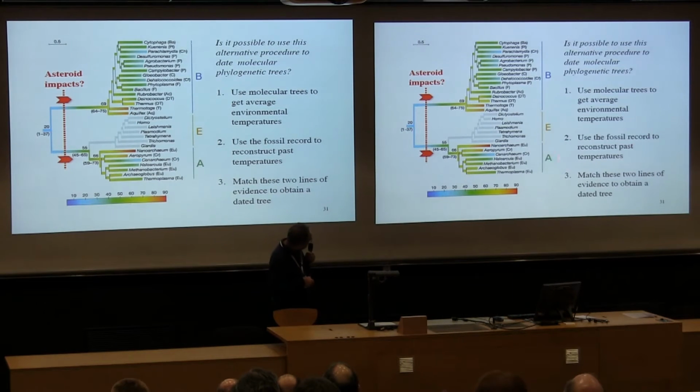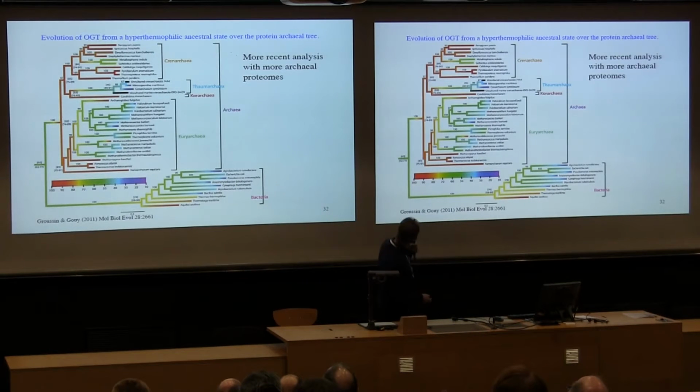And then the second step would use the fossil record to reconstruct past temperatures and to match those two temperatures. Maybe that would bring a little help in how to put dates on those molecular trees that have the very bad habit of not leaving fossils and so not being able to be dated.